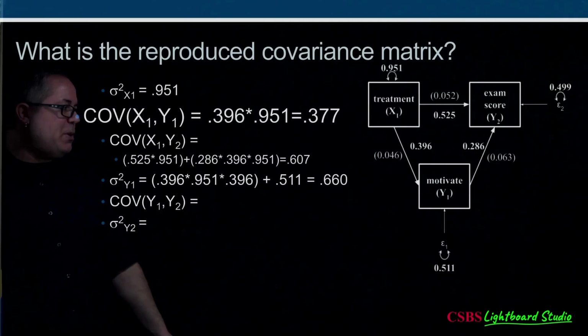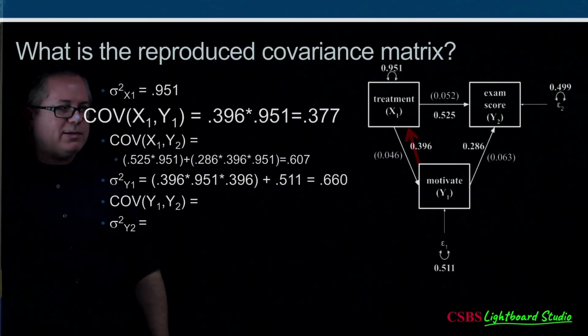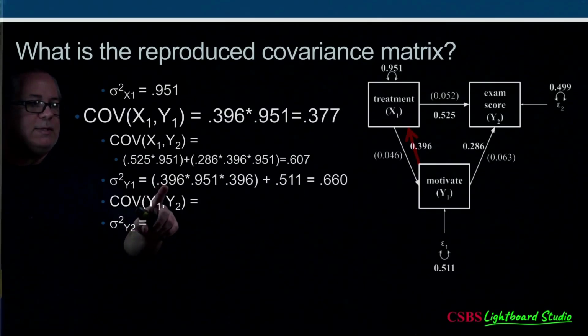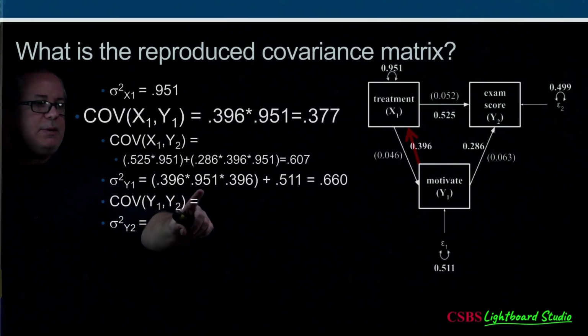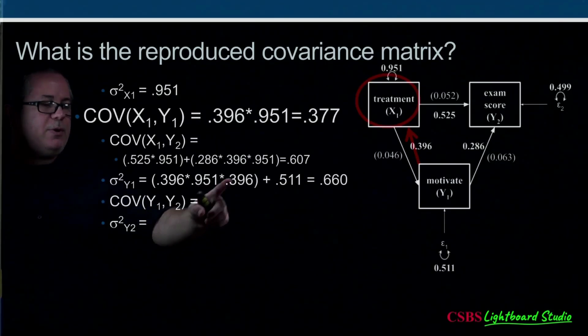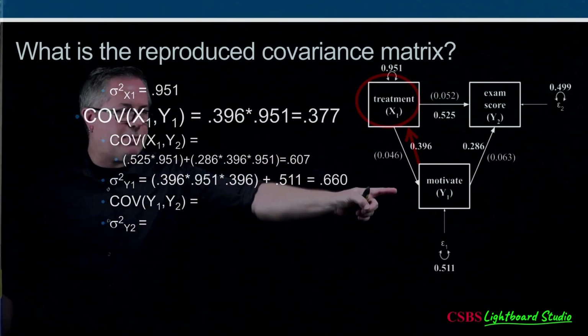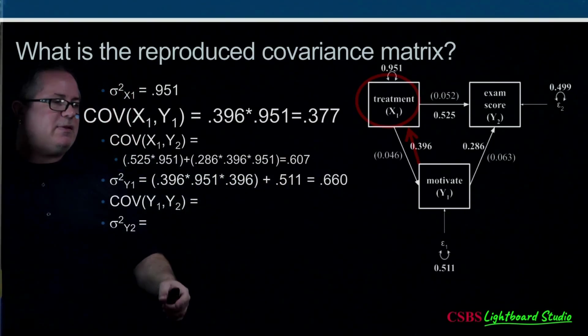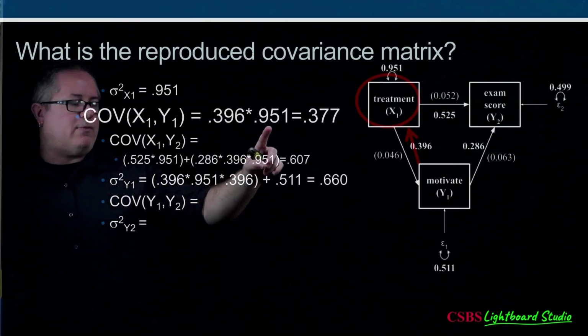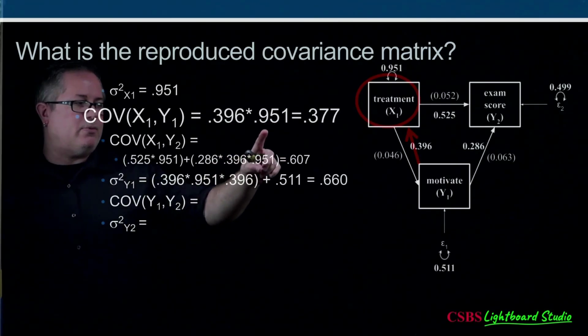So you're going to start with y1, and you're going to trace backwards from y1 to x1. That gives you the first 0.396 here times the variance of x1, 0.951. And then we're going to go back to y1. If you think about that, it sounds kind of odd because we already did this, 0.396 times 0.951, because that was the covariance between them.